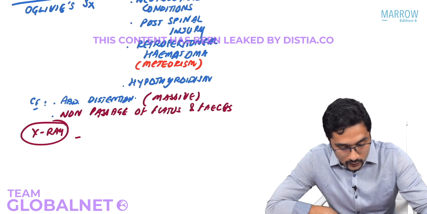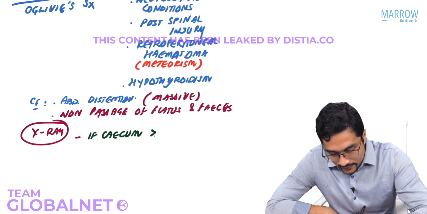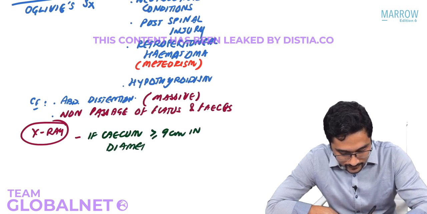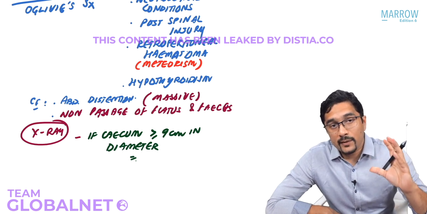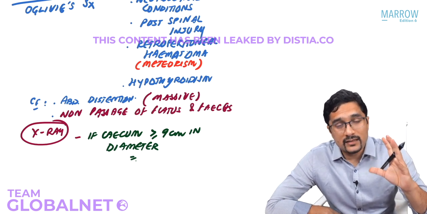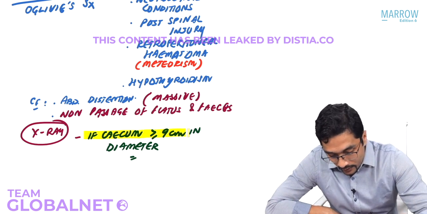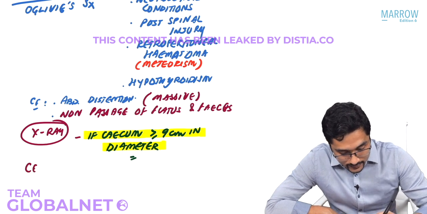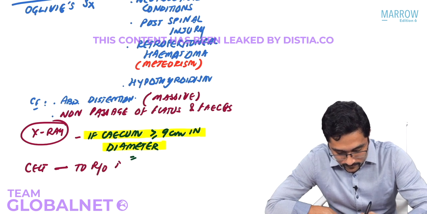So I have told you that if cecum is more than or equal to 9 centimeters in diameter, this is the critical diameter when the cecum can perforate. So if the cecum is progressively increasing in size, we should take quick action, otherwise there can be a cecal perforation. In these patients, a CECT should be done to rule out dynamic obstruction.